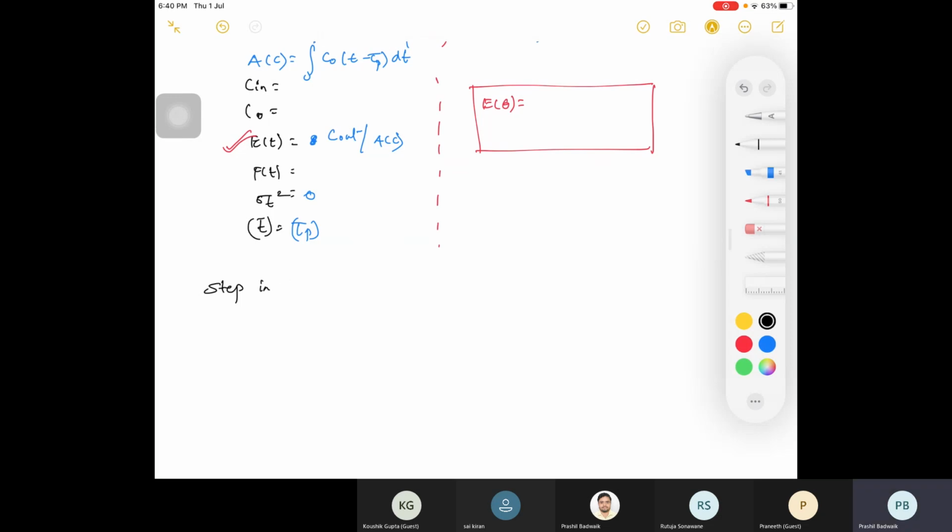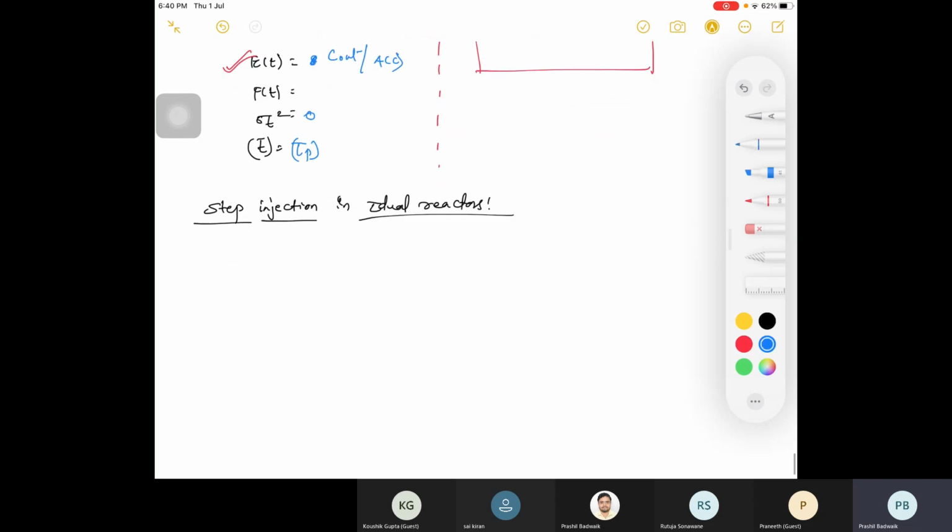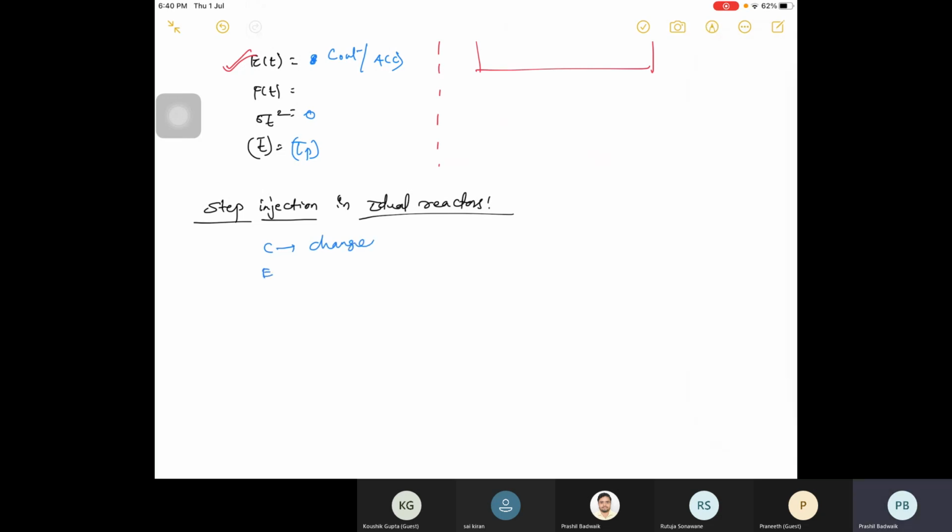Step injection in ideal reactors. What I told you is that your C curve will change based on your input, but the non-ideality that you are finding using your E(t) and F(t) will be the same. So based on this, I'm writing here your step tracer injection.